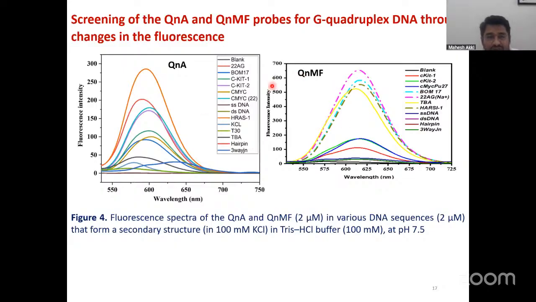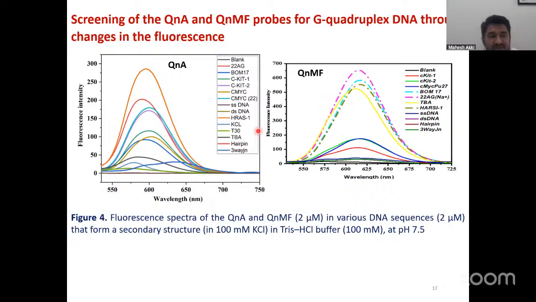In the case of QNMF, the probe also shows significant enhancement in fluorescence in the presence of antiparallel 22AG G4 structure and antiparallel BOM17 G4 structure. Hence, these two probes show sensitivity and selectivity towards antiparallel G quadruplexes over hybrid structures, parallel structures, single stranded DNA and double stranded DNA.